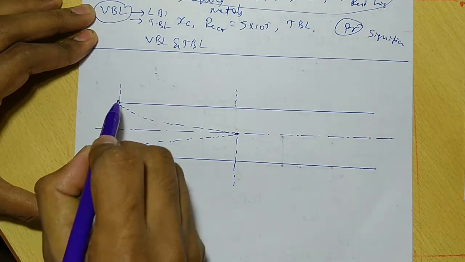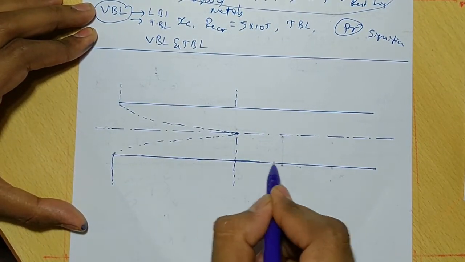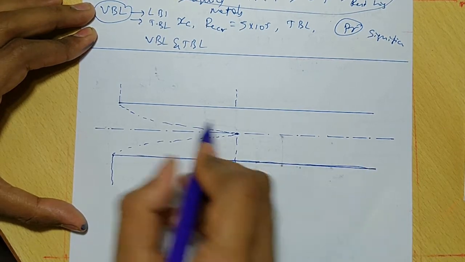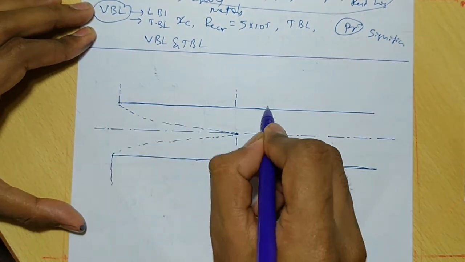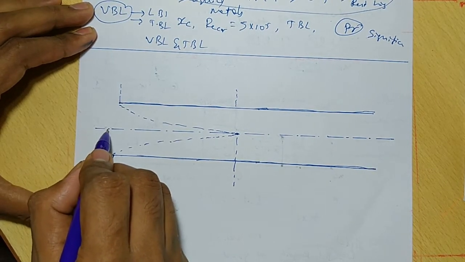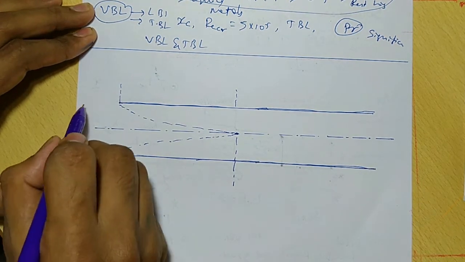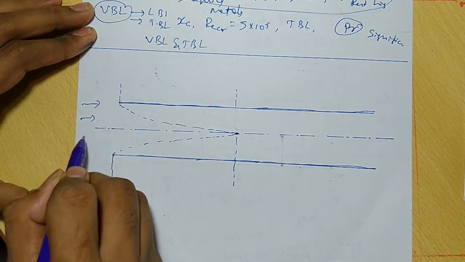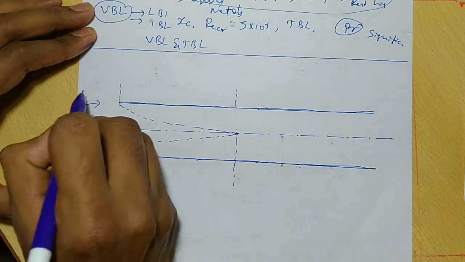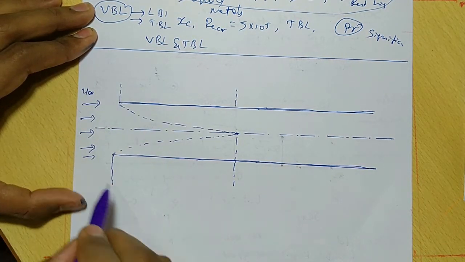Consider a pipe, or a circular duct, which is the correct term. This is the central axis or center line. The fluid enters here with some velocity u infinity, the free stream velocity.